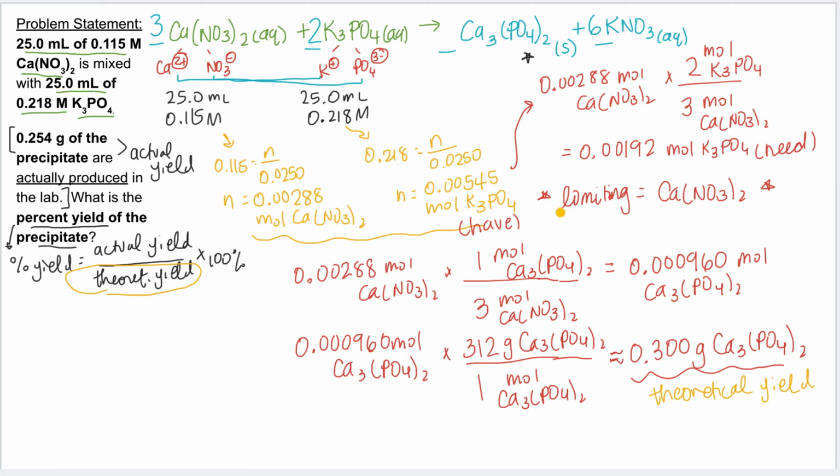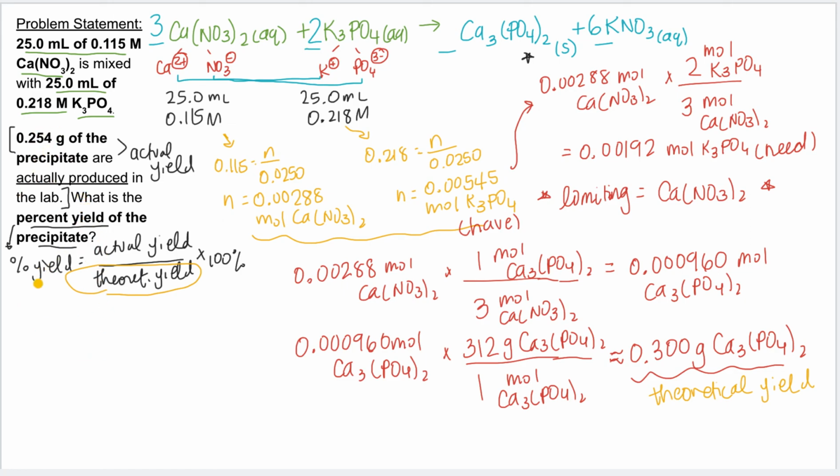But now we have to bring it back to what the question was actually asking for, which was the percent yield of the precipitate. Don't forget that the actual yield was already given in the problem. So this was the result of someone doing the lab and isolating the calcium phosphate. And they found that they were able to get 0.254 grams of the calcium phosphate isolated.